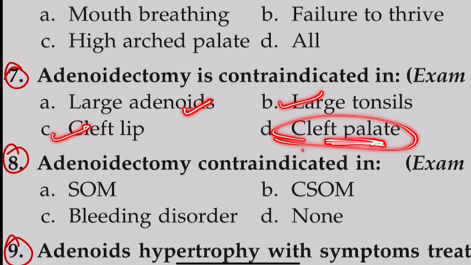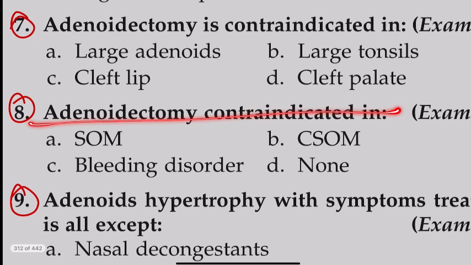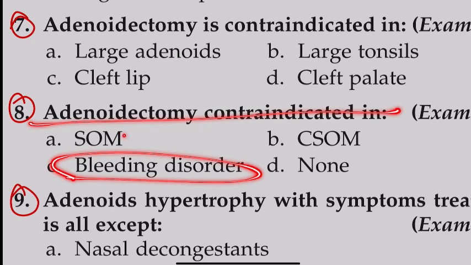Adenoidectomy is contraindicated in bleeding disorder, we have already said. In other conditions like in ear, SOM, ASOM, CSOM, it is indicated.